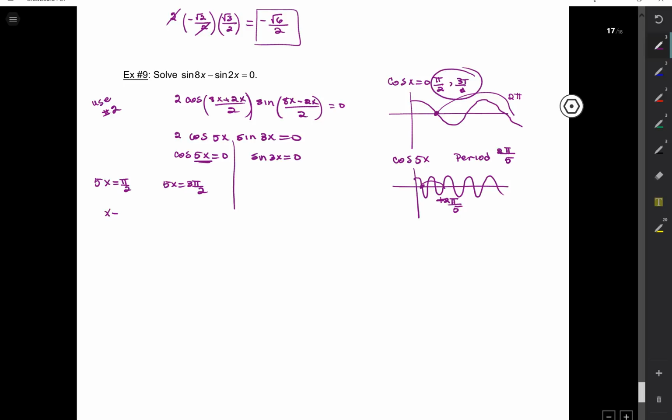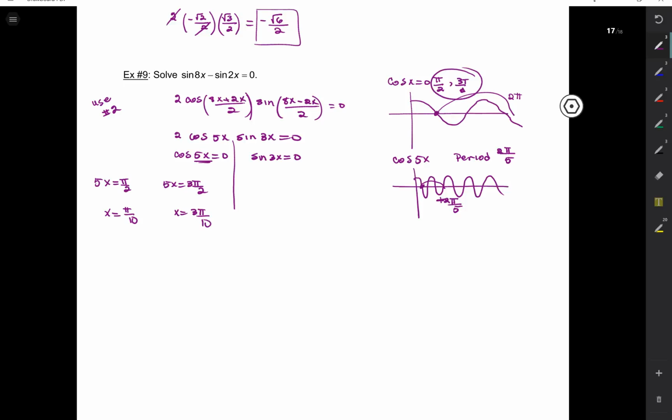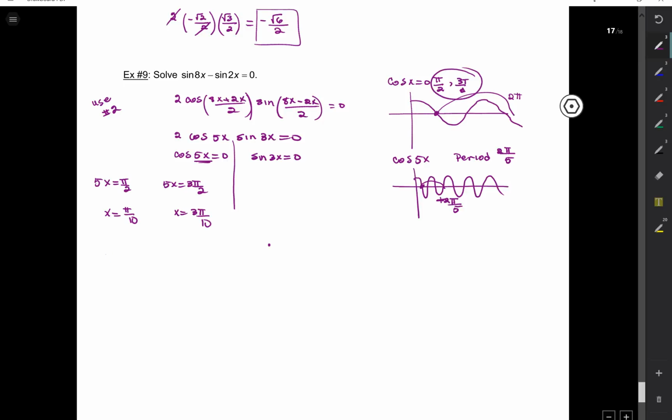Pi over 10 and 3 pi over 10. Okay? So cosine is 0 when the angle is equal to pi over 10 plus 2 pi over 5n.